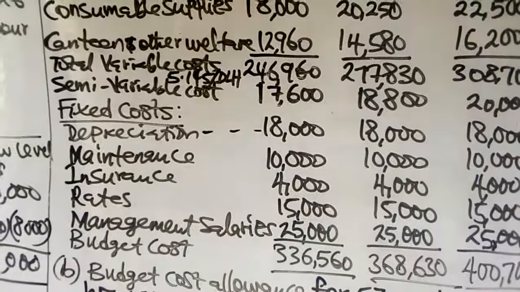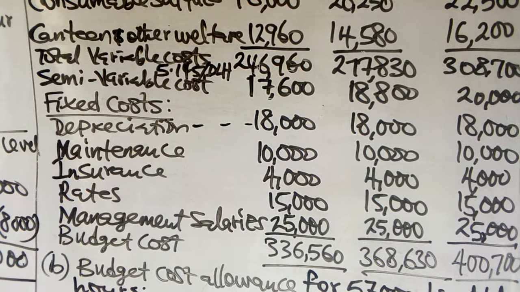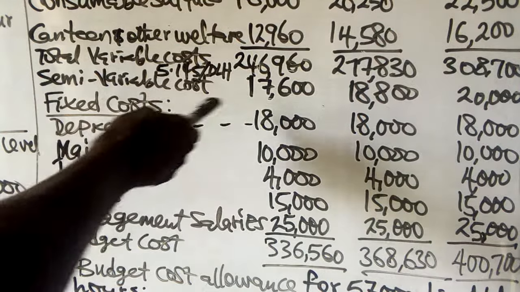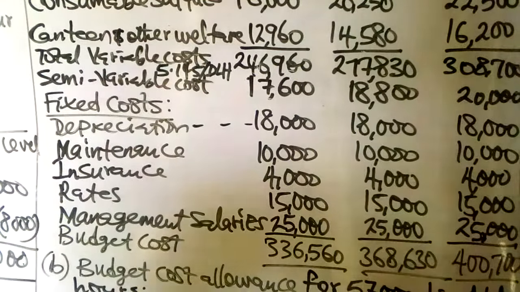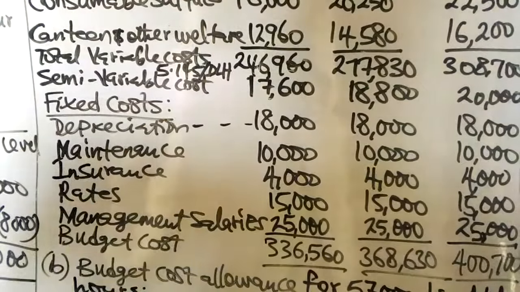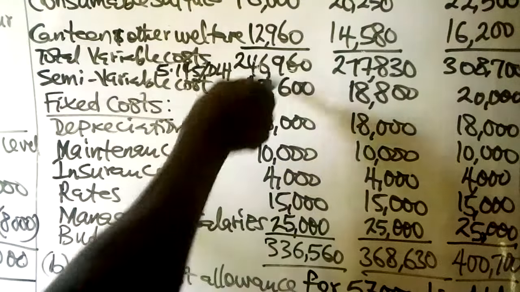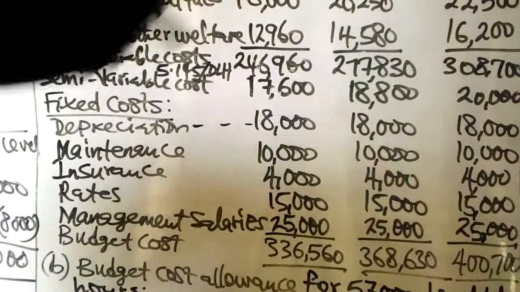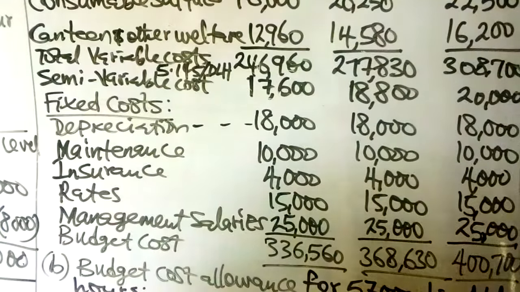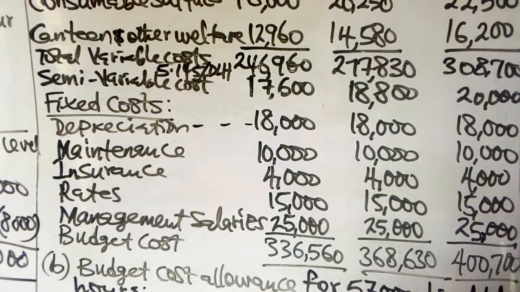Then the next thing is the semi-variable cost. Remember, this semi-variable cost comprises the variable element, where we got the variable cost per unit to be 0.2, and the fixed cost of 8,000 as calculated using the high and low method.